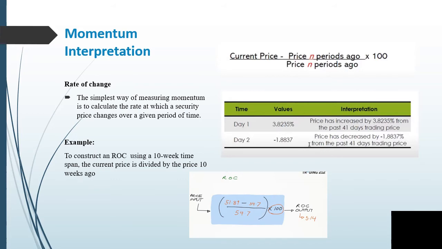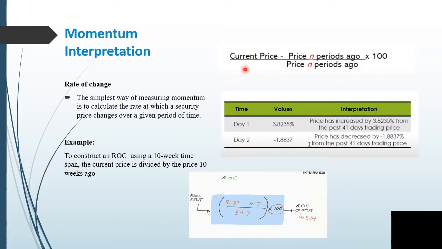For ROC, the simplest way of measuring momentum is to calculate the rate at which a security price changes over a given period of time. For example, to construct an ROC using a 10-week time span, the current price is divided by the price 10 weeks ago.